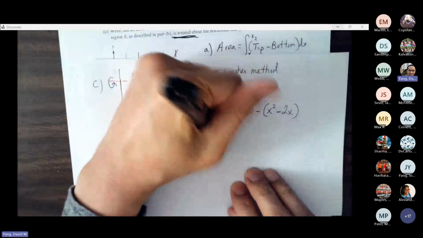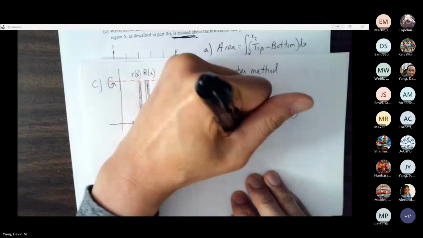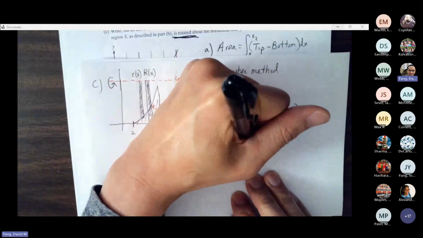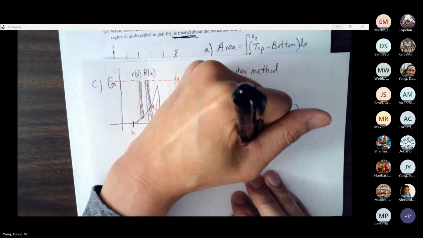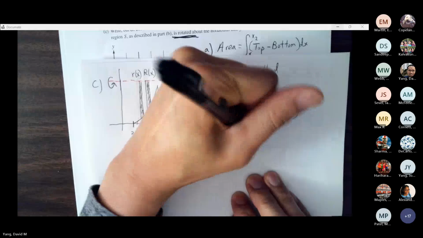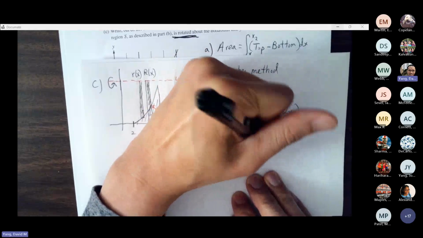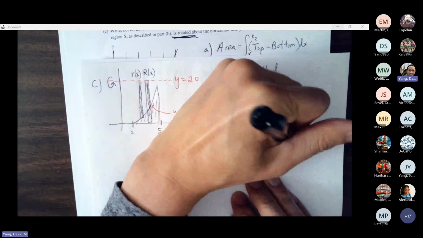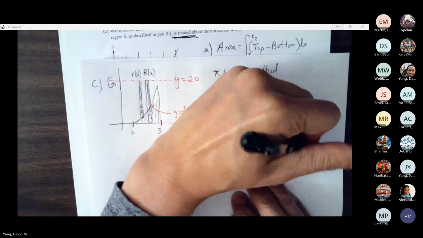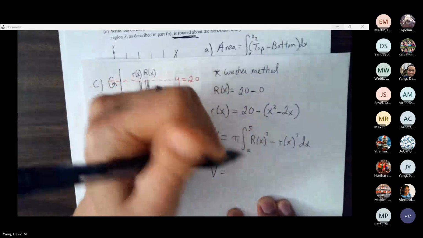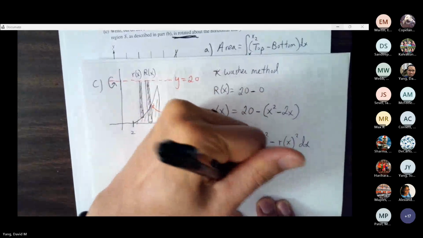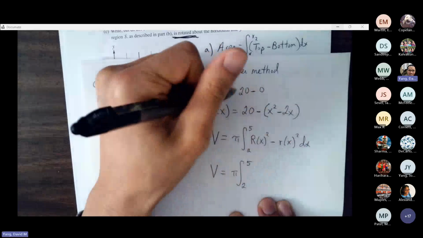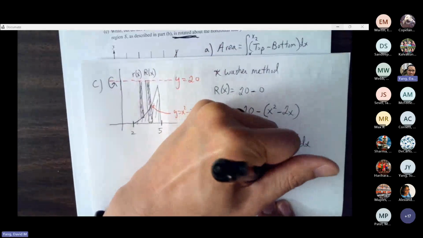And now I can put it into your volume Washer method formula. Big radius squared minus little radius squared. Big radius is 20 squared.